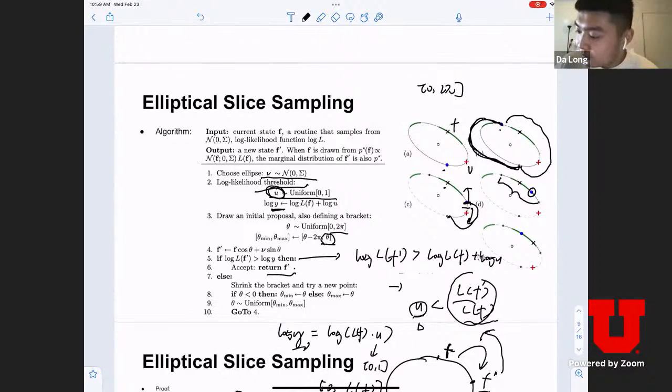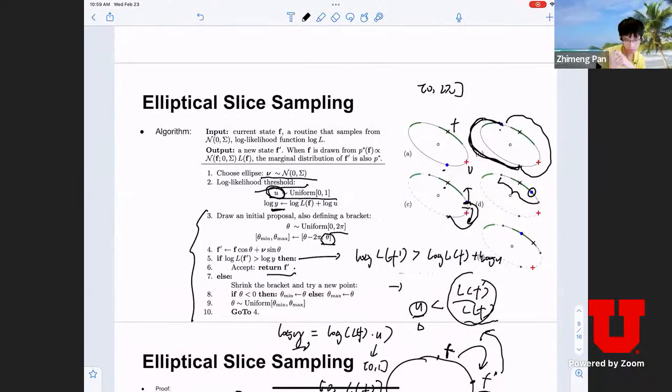Yes, you can follow this procedure, but I think it's not so straightforward. If you think of it in terms of theta, in the fifth line the condition is that the new log likelihood is greater than log y, which is the old log f plus some term.